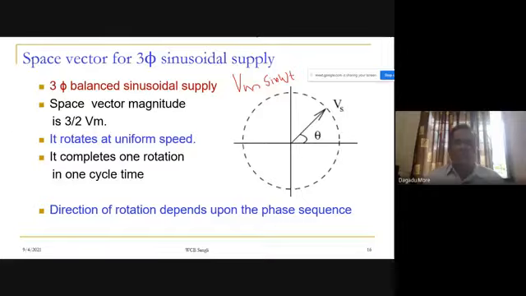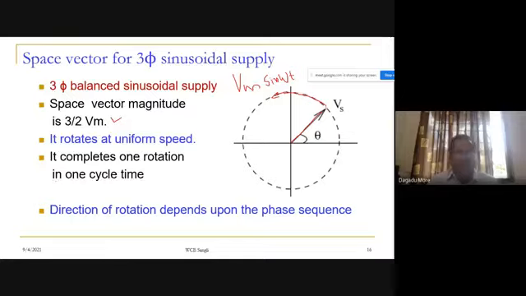For this, the magnitude of the space vector, which you can call the peak amplitude of the phasor, will be 3 by 2 into Vm, where Vm is the peak amplitude of the phase voltage. And for a sinusoidal supply, our space vector rotates at a uniform speed.